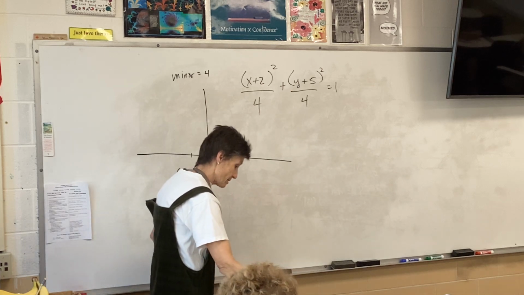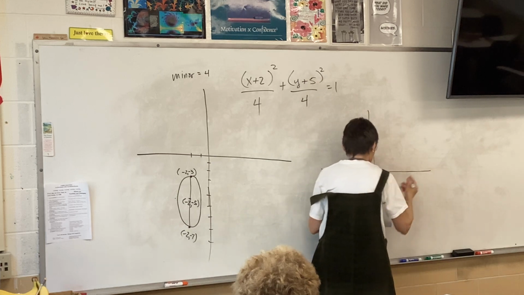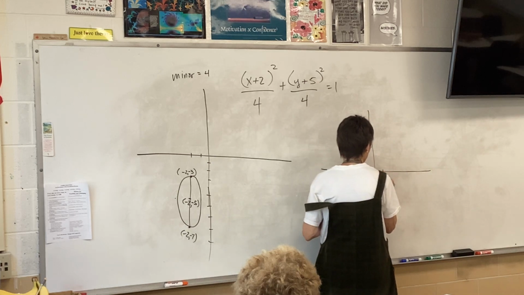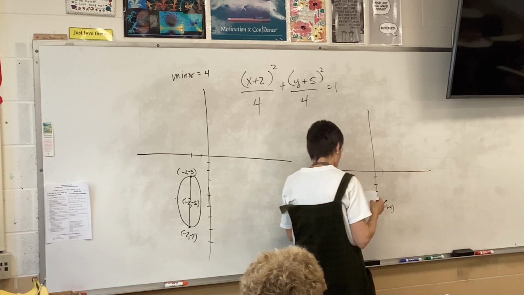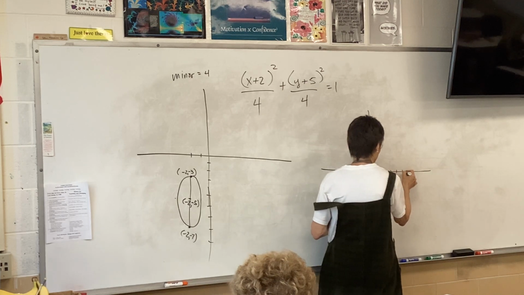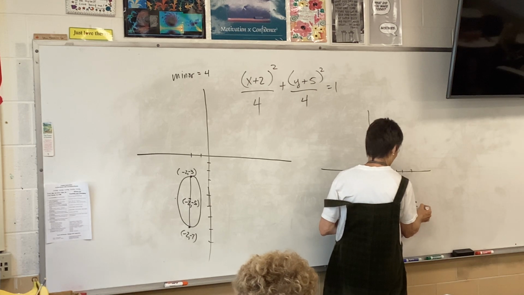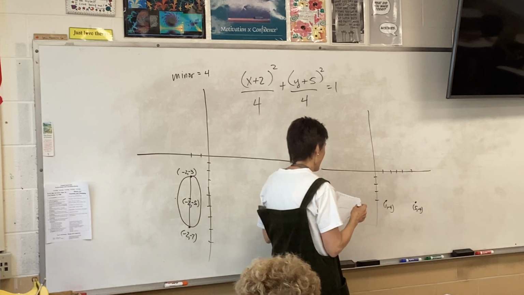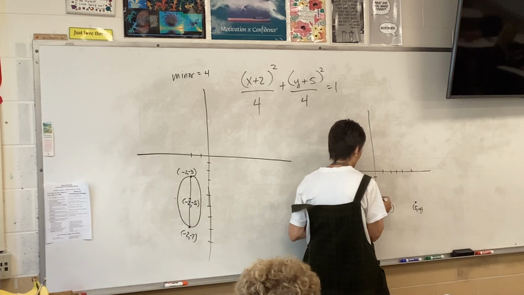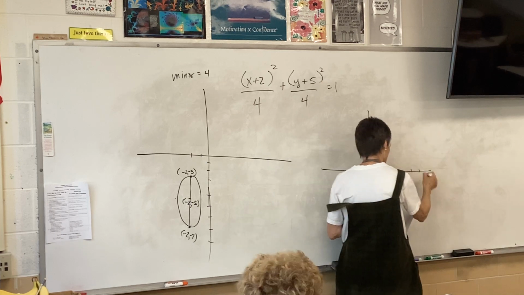All right, next we have foci. These are not vertices. These are foci at (1, -4) and (5, -4). And the major endpoints are (0, -4) and (6, -4).